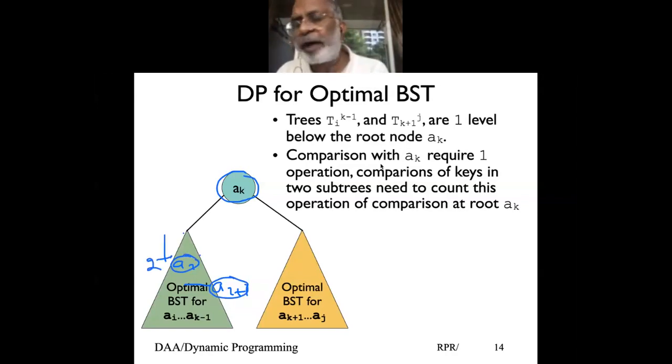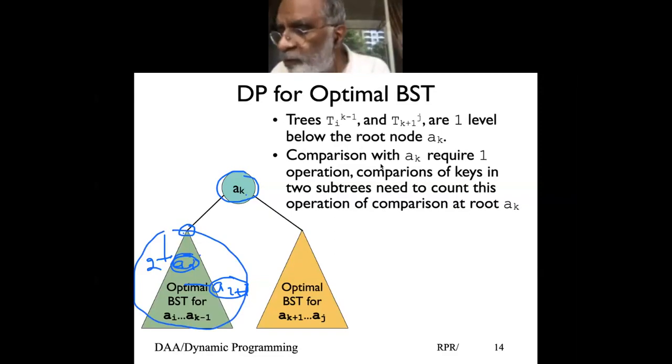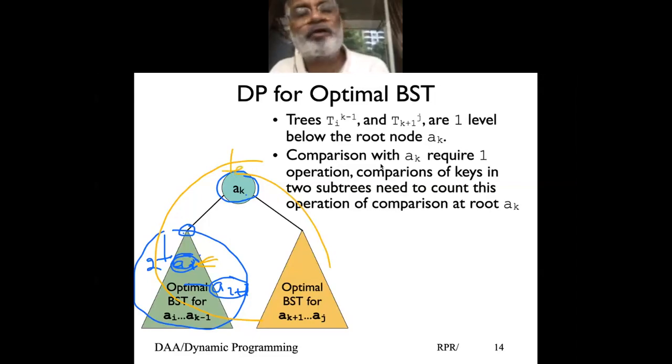To find the node Ai, we would be comparing 3 times: first with Ak, then with the root node, and then with this node. So if in this subtree the node Ai is compared 2 times, then in my overall binary search tree this key would be compared 3 times, because one more comparison comes because of Ak.